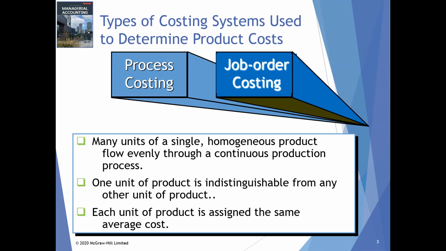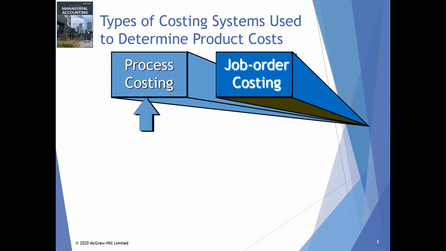This is known as a homogeneous product. Each unit of a product is assigned the same average cost. If a product is there, what will be the cost of that? It will be the same for every product, because all these are homogeneous products. So in that case, we use process costing, not job order costing.